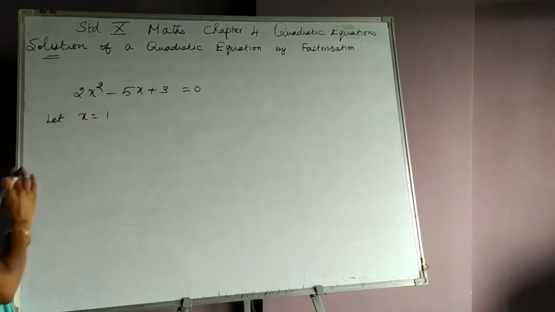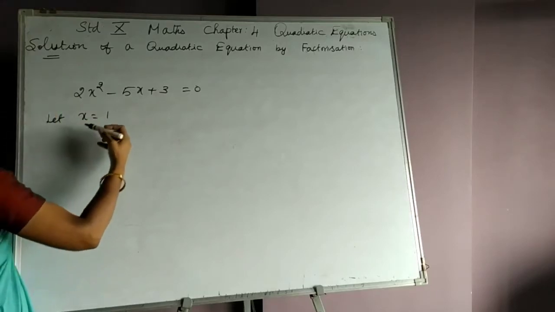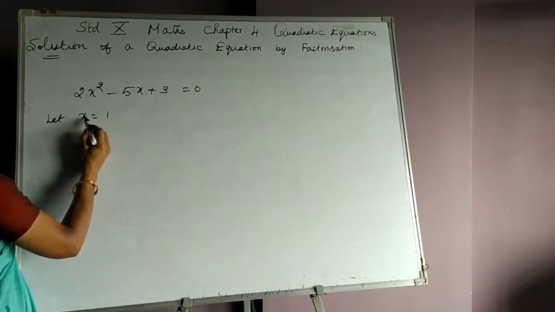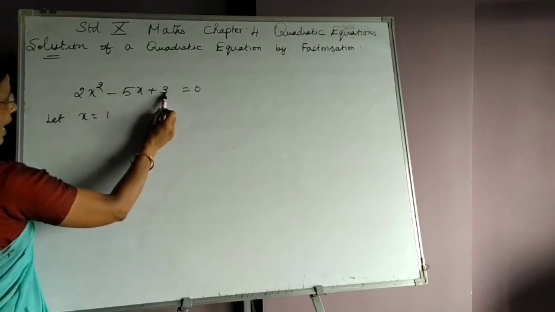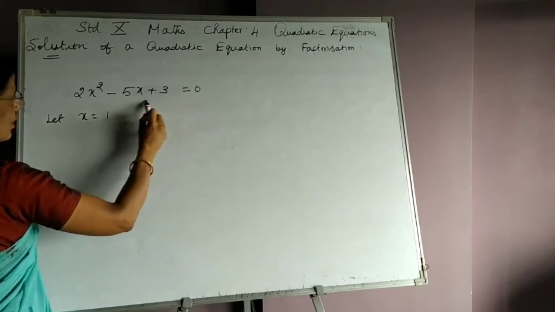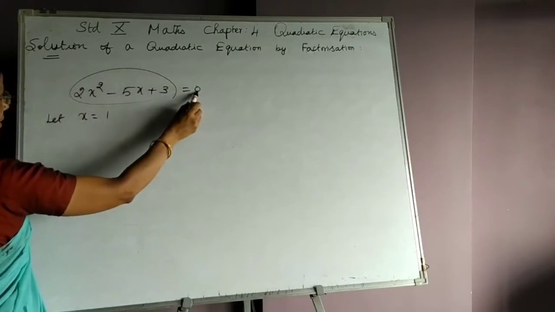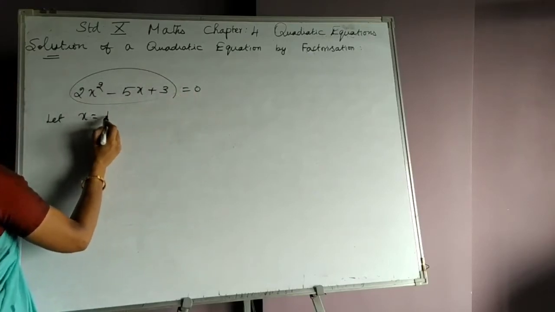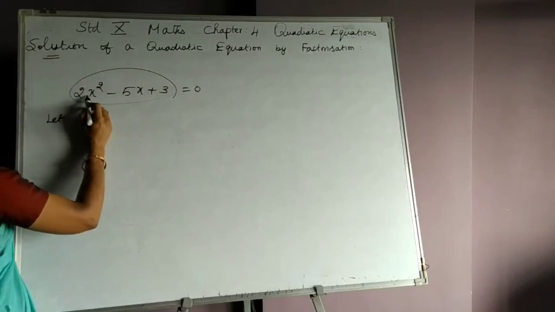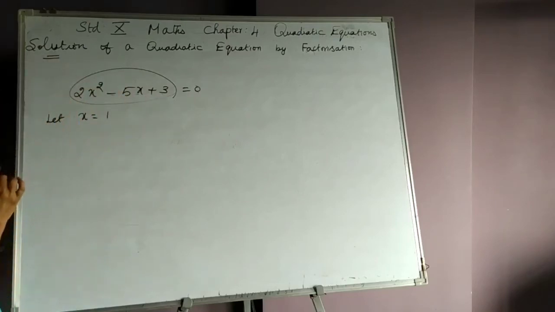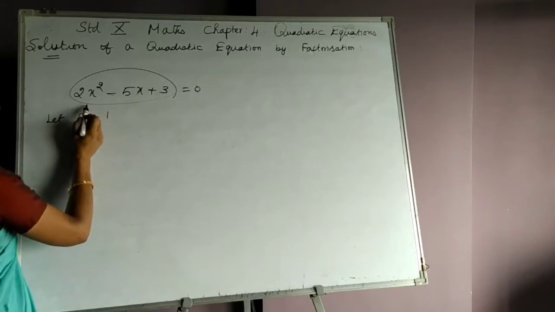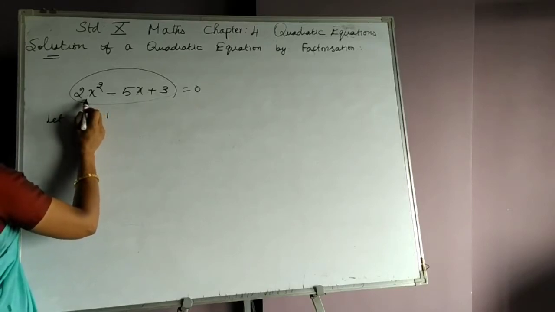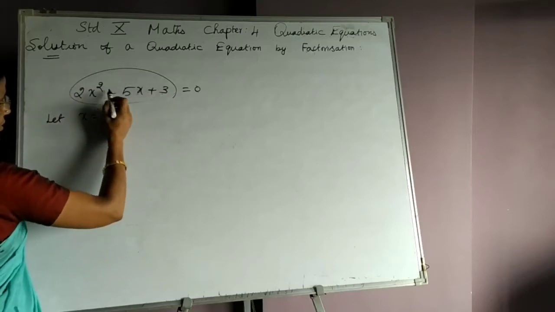When I substitute x is equal to 1 in this equation, and if I get it equal to 0, then x equal to 1 is called a solution of this particular quadratic equation.